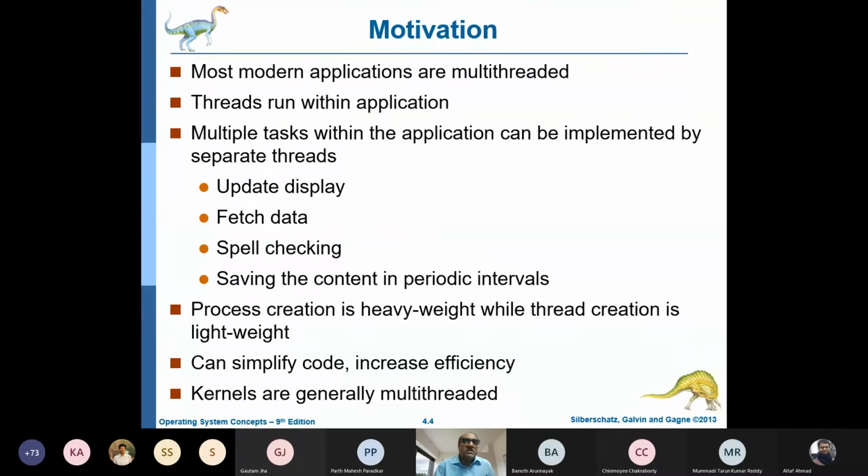Likewise, you can have multiple activities taking place simultaneously. Most application processes at present are multi-threaded processes, which try to exploit the efficiency of multi-core processors.